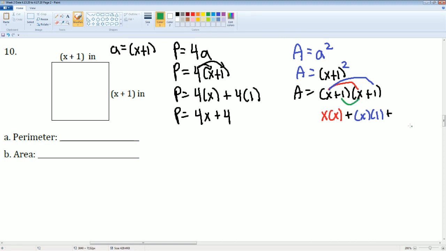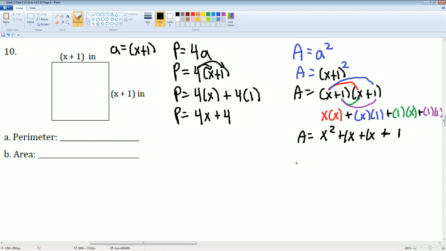Then you have your inner, 1 times x. Then you have your last, which I think we use purple, 1 times 1.